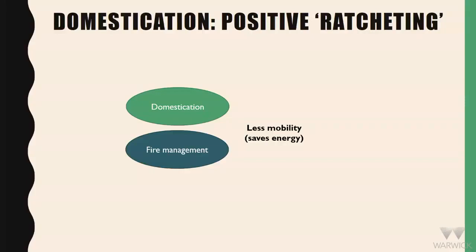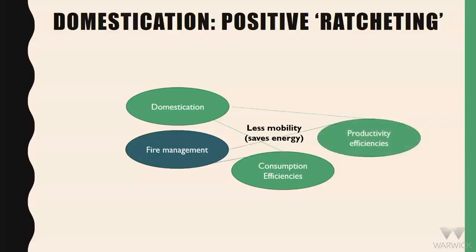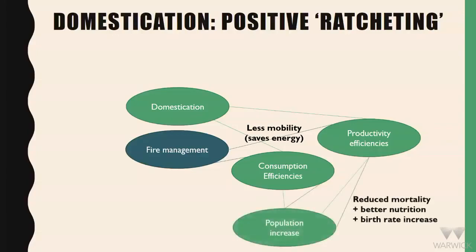You don't have to be running around chasing game or going out gathering, because you can start to locate things in one place. So this saves energy for humans, thinking about us in a technical biological sense. We can consume in a more efficient way, and we can also produce the food in a more efficient way. The suggestion is that this then helps a number of things.